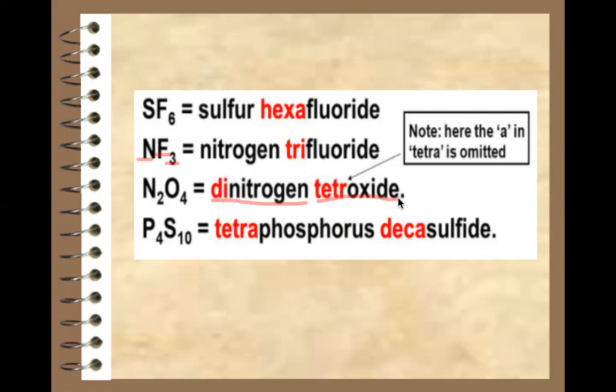Do you remember pentoxide? I said you have to omit the A. So you have to omit the A for tetra also. You don't write tetraoxide, just tetroxide. Then phosphorus, how many phosphorus? 4. So that means tetraphosphorus. And how many sulfide? 10. Deca means 10, so decasulfide.